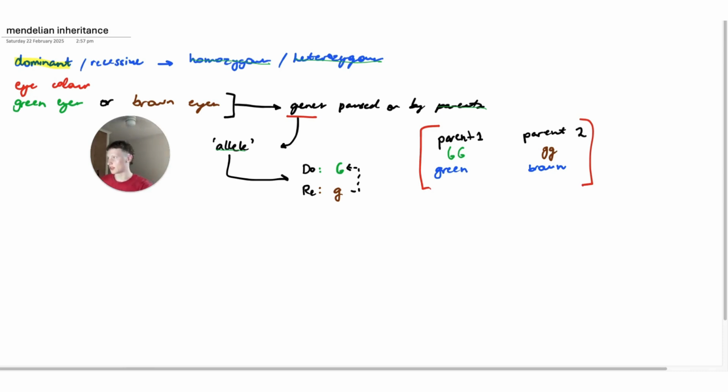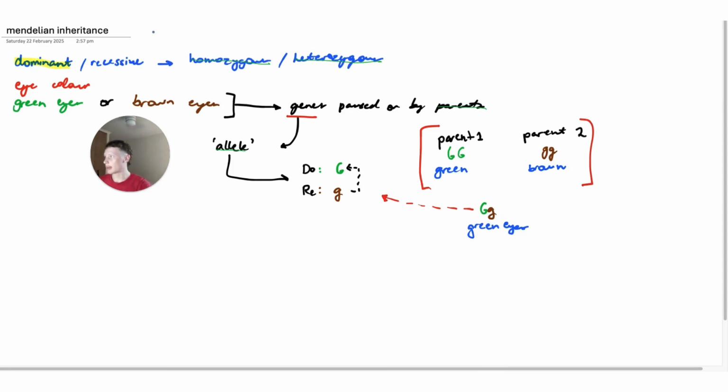Where it gets confusing is, what if I've got one big G and one little g? That's where we go back to, what is actually the dominant trait? Because in this scenario, the dominant trait will prevail, so we would have a green eyes situation there.